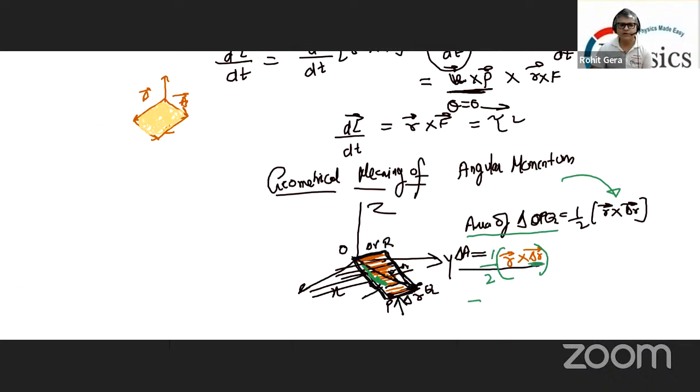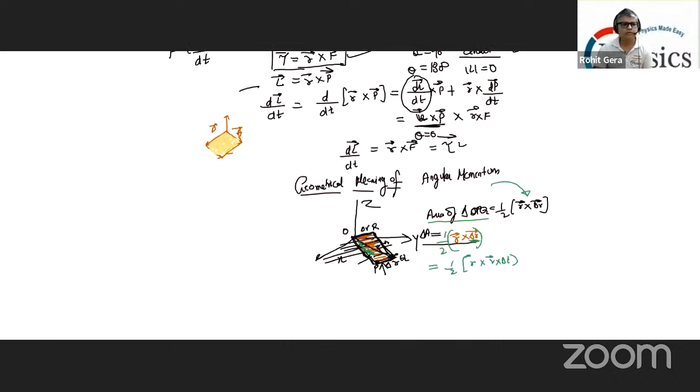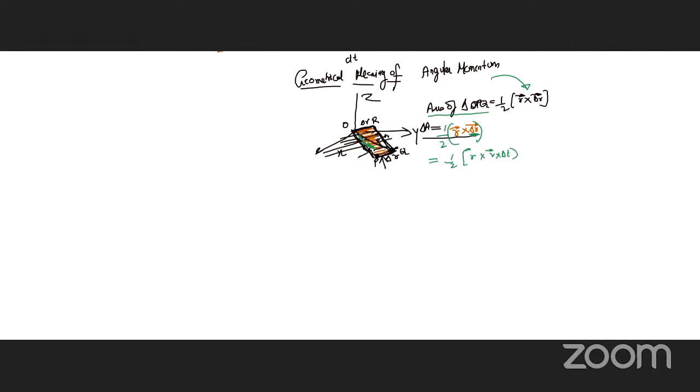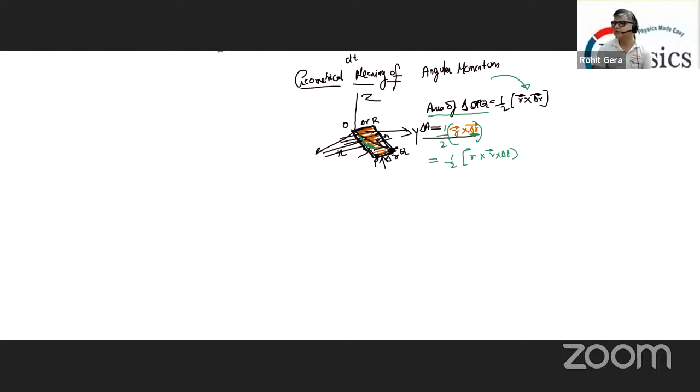So delta A is half R cross V into delta t, because change in position is velocity into time.